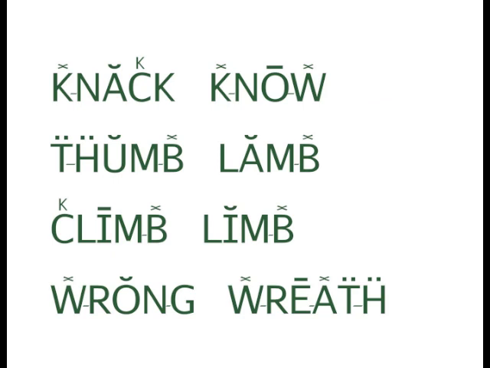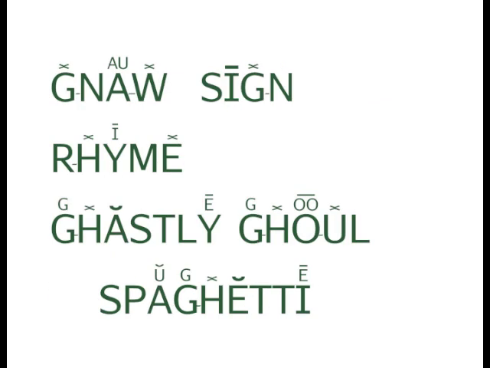And WR, at the beginning of the word, just has the R sound. GN can either be at the beginning or at the end or within the word, and it just has an N sound. RH is at the beginning, just has an R sound. And GH can be at the beginning or the middle, and it just has a G sound.